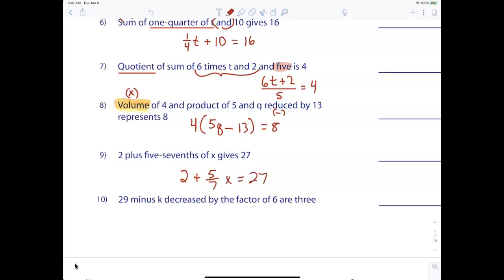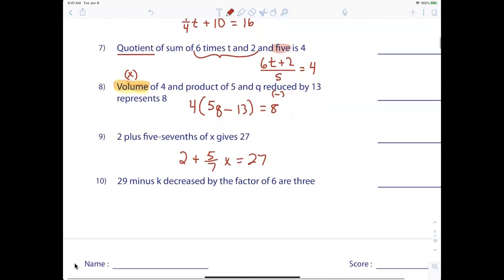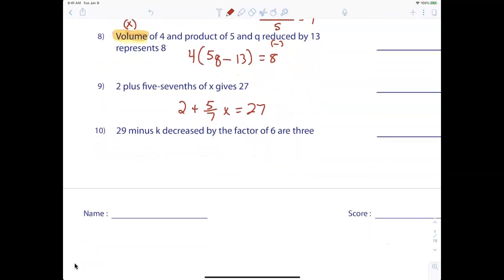Now for number 9: 2 plus 5/7 x gives 27. And then on number 10: 29 minus k decreased. When I saw decreased just now as I was reading it, I thought it was another subtraction, which I thought would be odd.